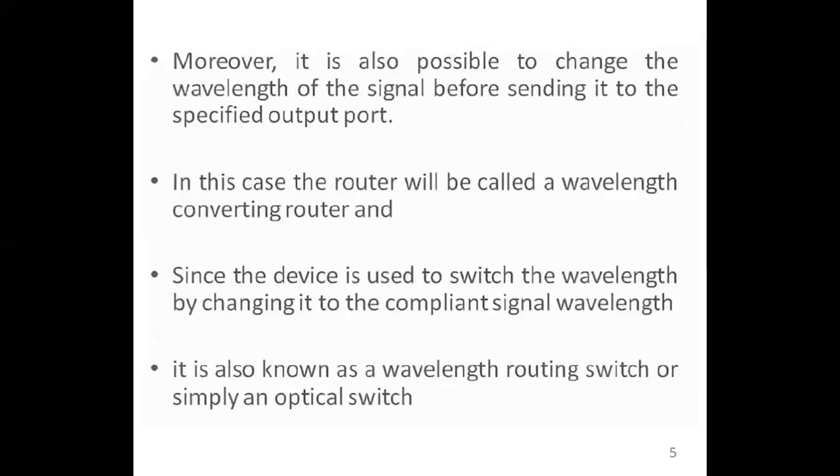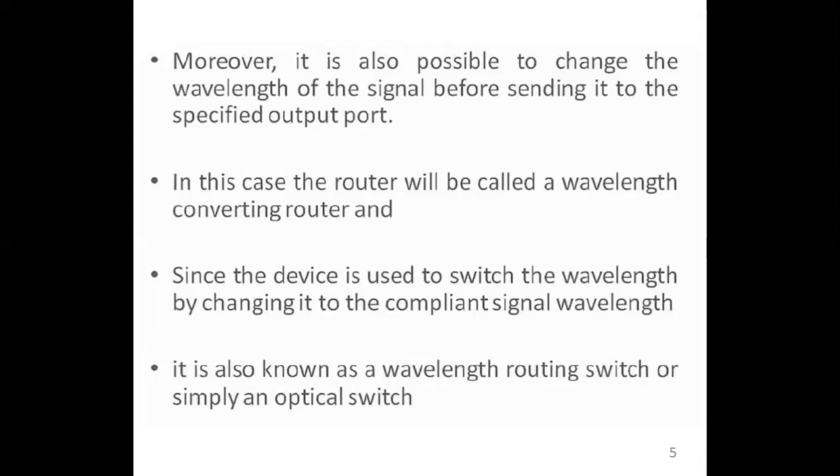Yesterday we discussed that there should be a continuity constraint which we must follow, wherein all the wavelengths which you are using between the source and the destination must be the same over all the links. However, it will be very difficult to meet this constraint because the wavelengths are very limited.